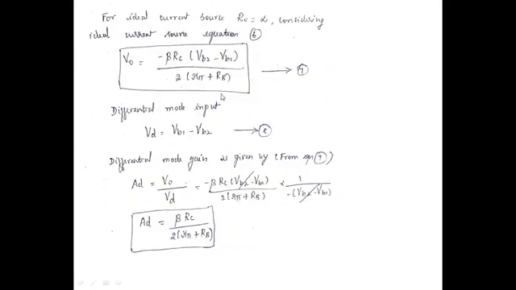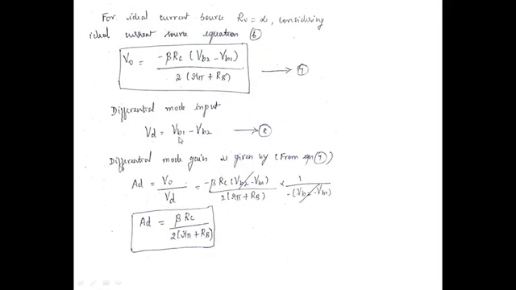So we got the equation like this, and we know that for the differential mode input, the differential voltage is given by the difference between the two input voltages, VB1 minus VB2. From this we can find the differential mode gain, given by the output voltage divided by the difference between the two input voltages. This VD is given by VB1 minus VB2. So I have substituted in the place of V0 the equation number 7, and in the place of VD the equation number 8 over here.